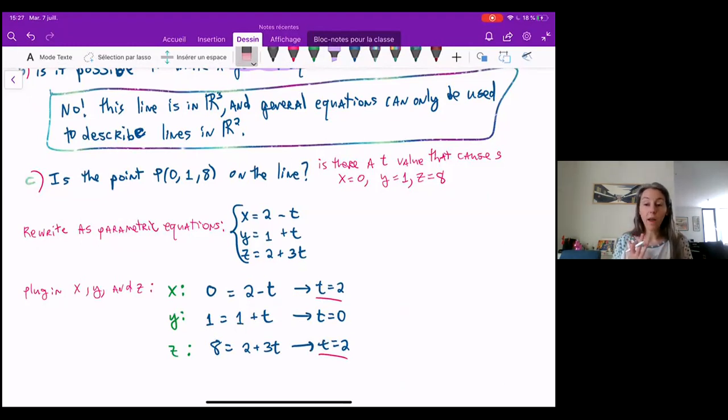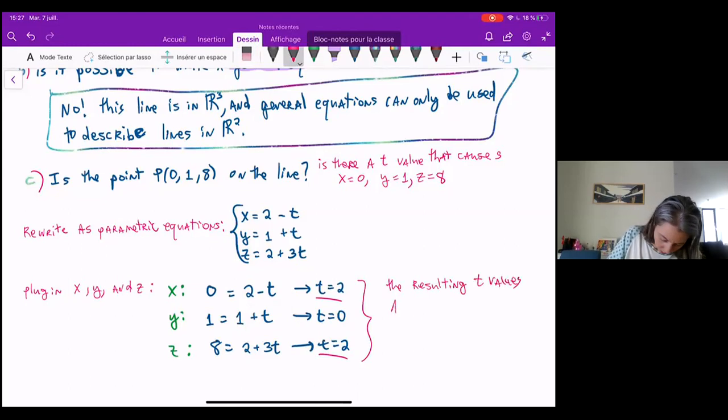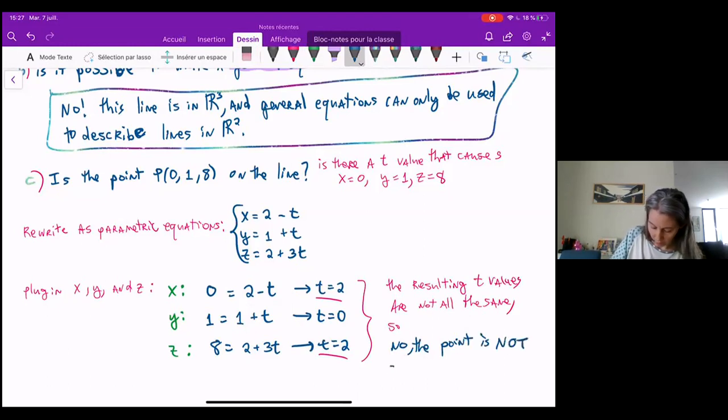So there's not one t value that makes x, y, and z work. The resulting t values are not all the same. So no, the point is not on the line.